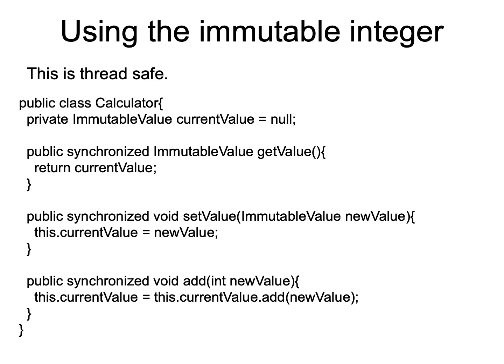and it can call get value, which will return the current value. It can call set value, which gives it a new value and sets the current value to the new value.